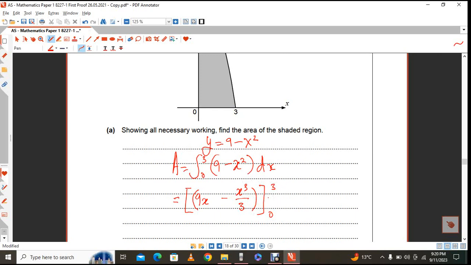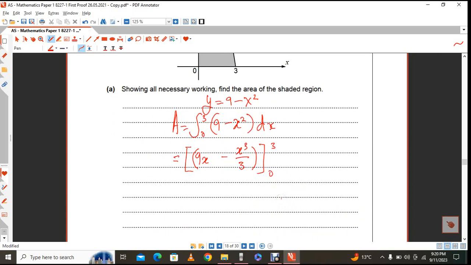So this should give you, I have my 9x, so 9 times x replaced by 3, minus 3 cubed upon 3. Subtract. Now when I put 0 in here, everything will equal 0, but I'm just going to put it there.